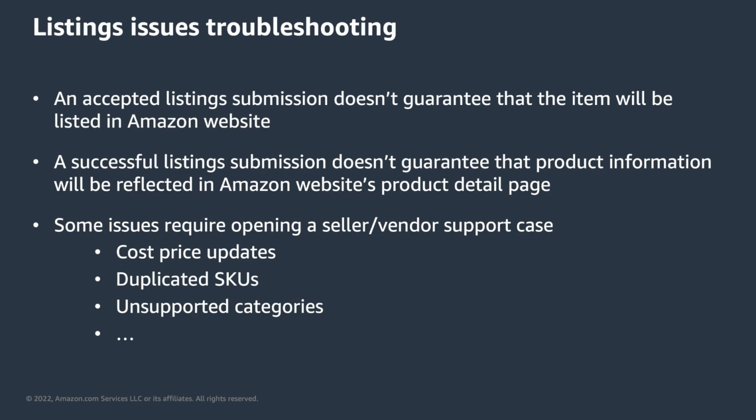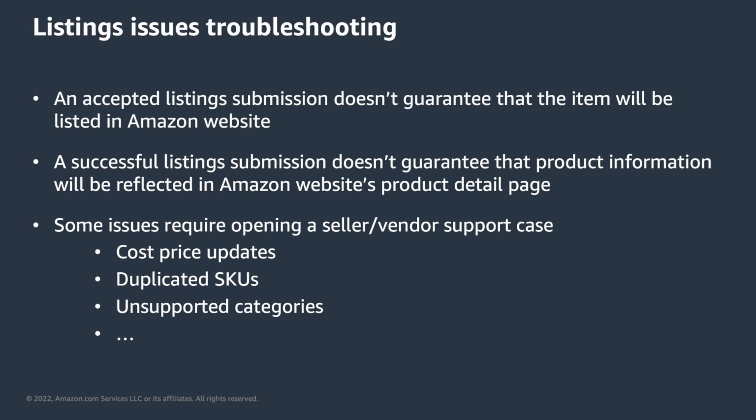Also, even if the product goes live, you might sometimes notice that some of the attributes displayed in the product detail page don't match the information that you provided. This is because Amazon reconciles the data from all selling partners' contributions into a single item in the catalog, or ASIN. In this process, Amazon tries to identify the best, most accurate information, which is the one that ends up showing on the website.